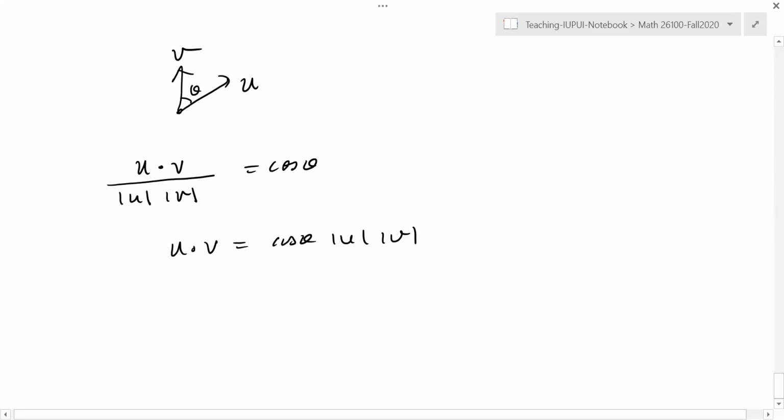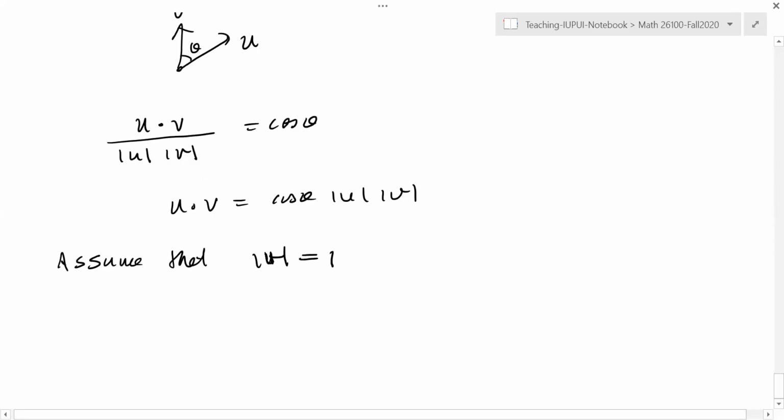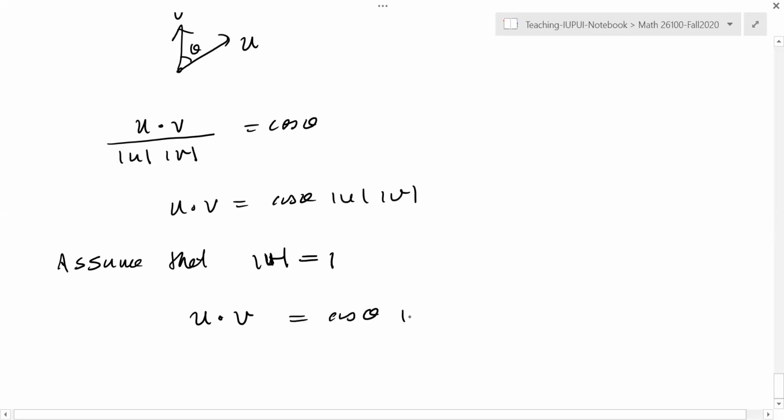Now we assume that the vector u has length 1. It's a unit vector. Then u dot v is going to be cosine theta times the length of v, right?